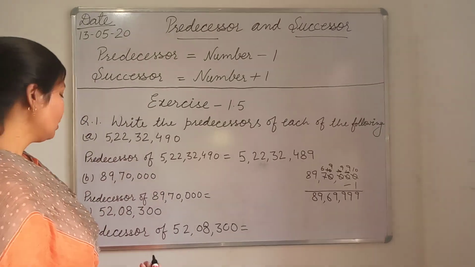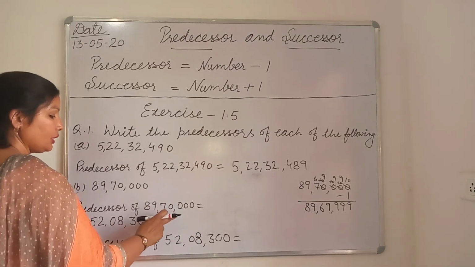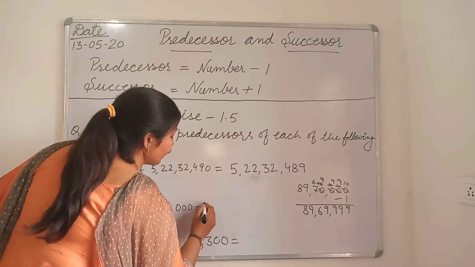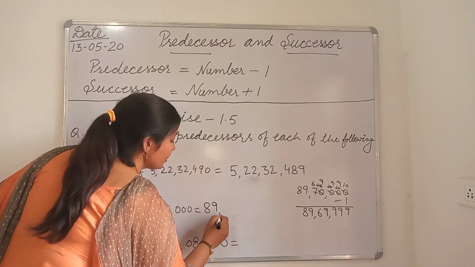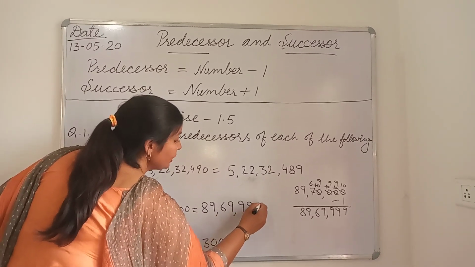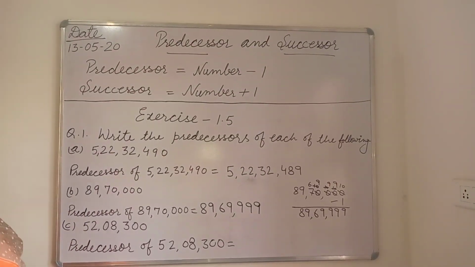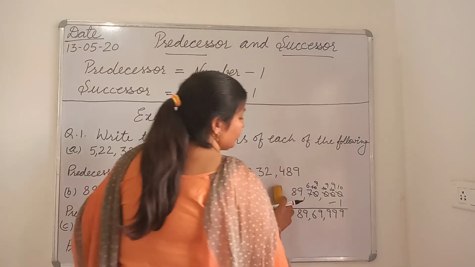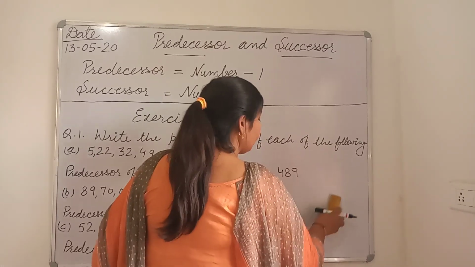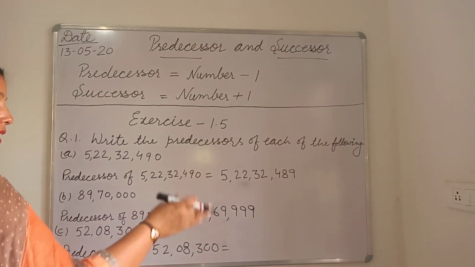So the predecessor of 89 lakhs 70,000 is 89 lakhs 69,999. That's your answer. So like this you can get your predecessor by subtracting 1. No need to show this in the solution; for getting your answer you can see it like this.